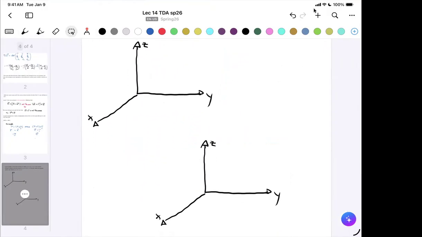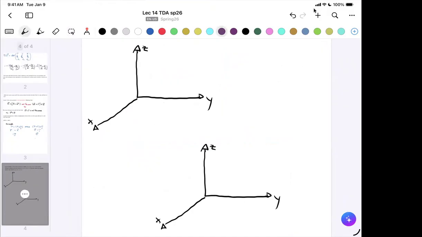Let's say that you have a particle moving on a straight line at constant velocity, just to make your life as easy as possible. So let me draw a line. Then there you have a particle.